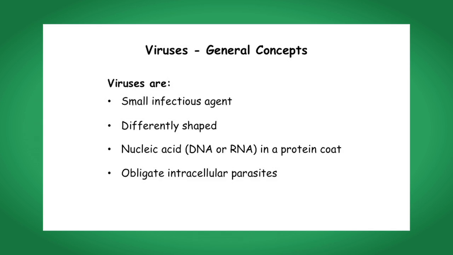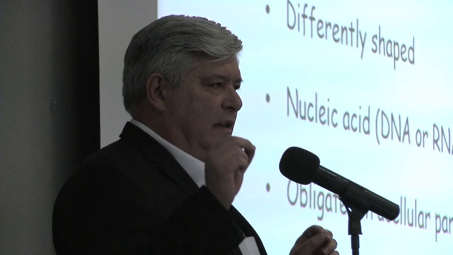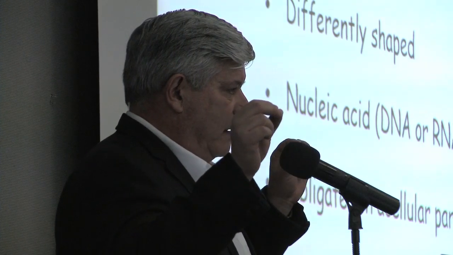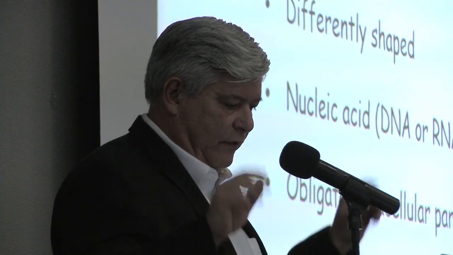What are viruses? Viruses are very small infectious agents. Their size is very, very tiny. They have different shapes. They have genetic information that is quite unique, very specific to a virus, meaning it can be either RNA or DNA based, and that's a different chemistry.